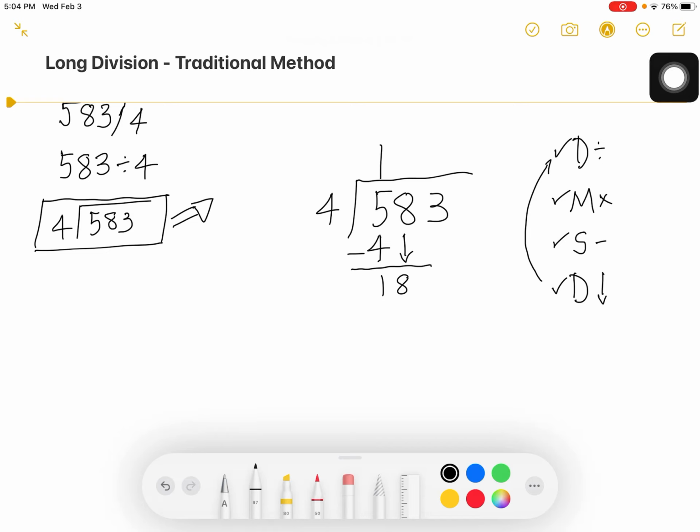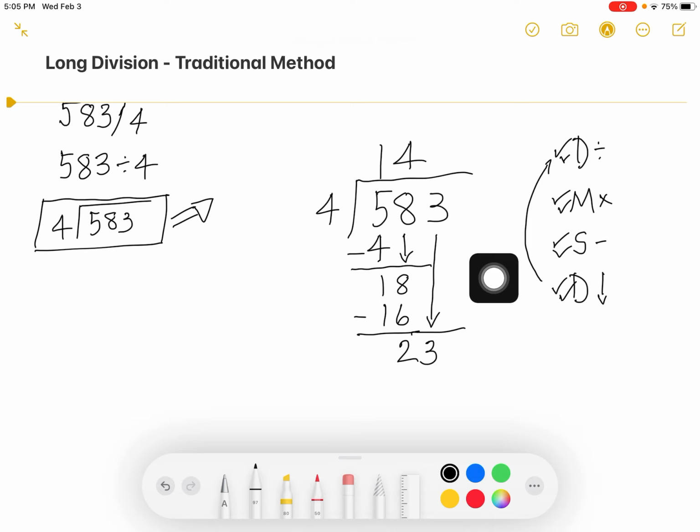So 4 goes into 18 4 times. That's divide. Next we multiply. 4 times 4 is 16. Then we subtract. 18 subtract 16 is 2. And then finally, once again, we have a digit to drop, so we will drop that 1's digit, which is a 3, down to our bottom line.